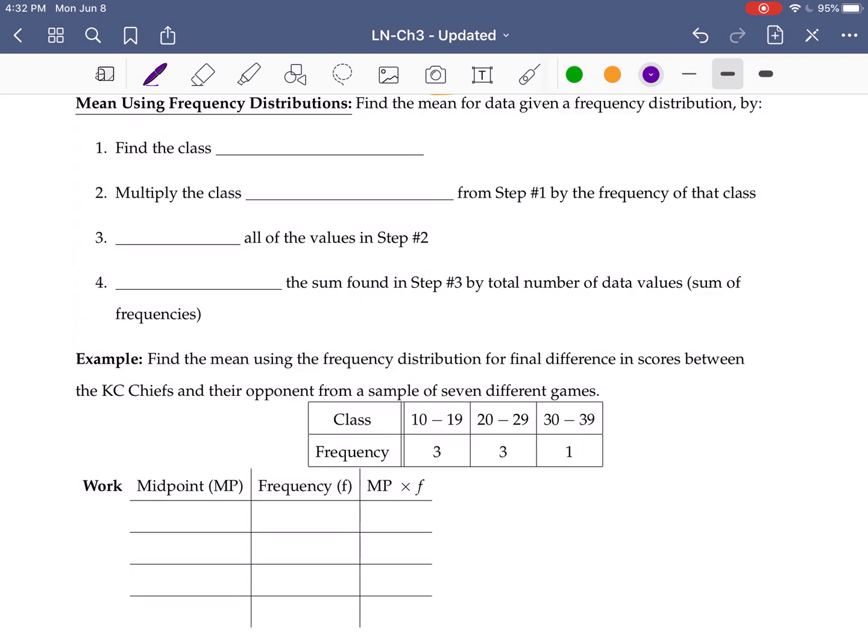So here, we are first going to find the class midpoints. Then we multiply those class midpoints from that first step by the frequency of that class.